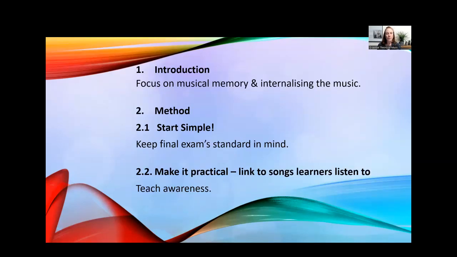Okay, so how do we go about approaching aural? The first thing that I would like to highlight is that you focus on musical memory and building the learner's musical memory, as well as the ability to internalize what they hear. Now, I don't know if you can remember when you were at school, when you were doing aural. I can remember for me, it was like, this question is going to come about rhythm or identifying the time signature.